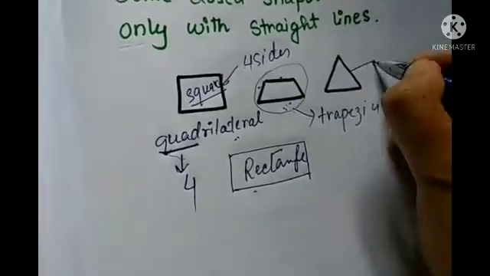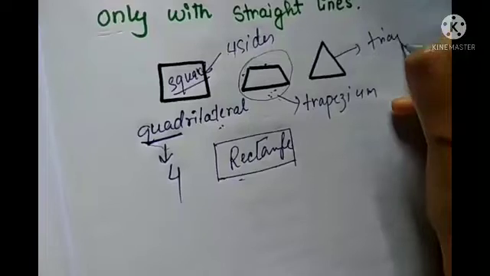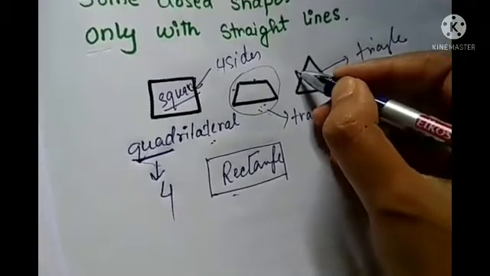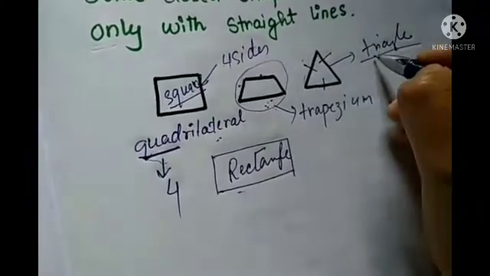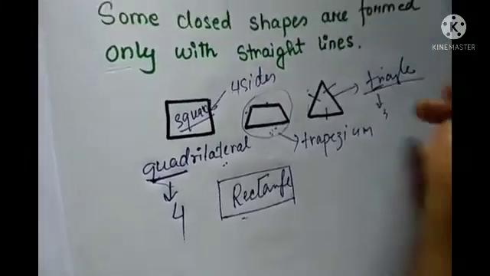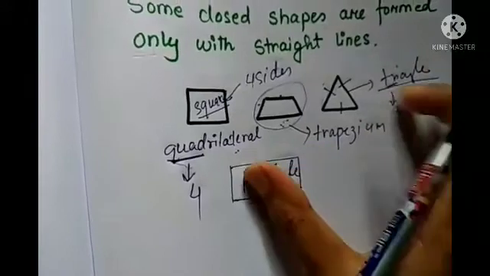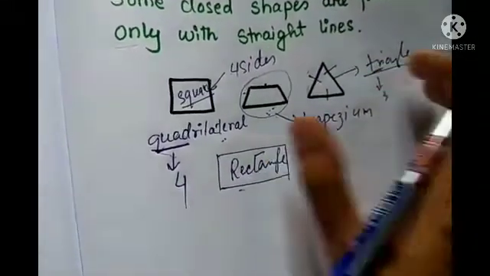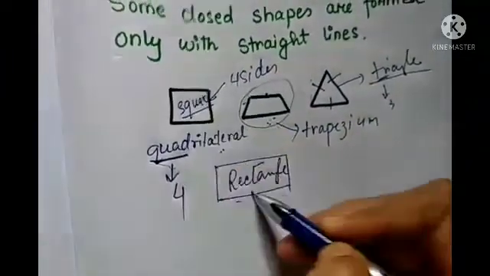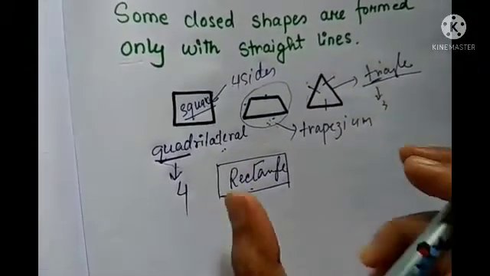And I'm sure you all know about it. This one is a triangle. Why? Because this one has 3 sides, 1, 2 and 3, okay? Tri means 3, right? So in this way, the polygon's name depends on the number of sides it has, okay?